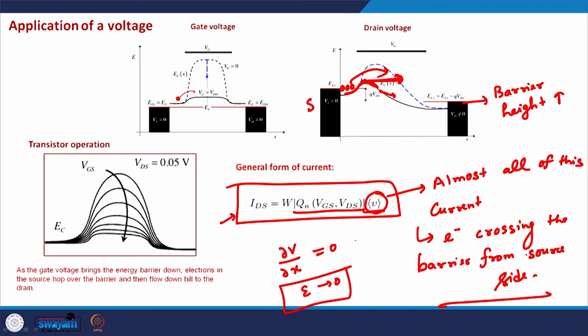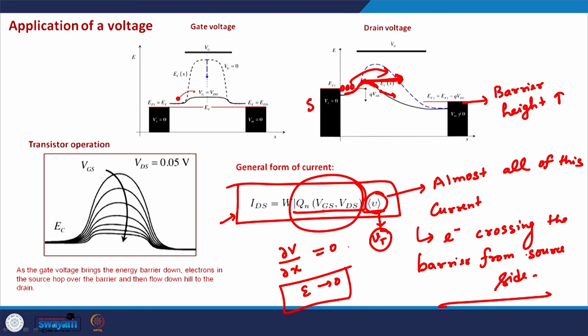That's why in most cases, instead of this average velocity, we generally use the VT term in order to calculate the current in a MOSFET. Okay, and this charge profile, the charge per unit area, is actually because of the application of the gate voltage and the drain voltage.